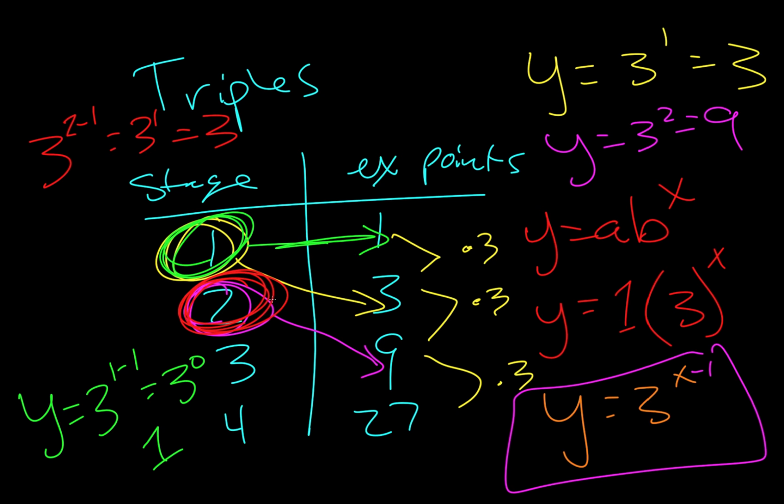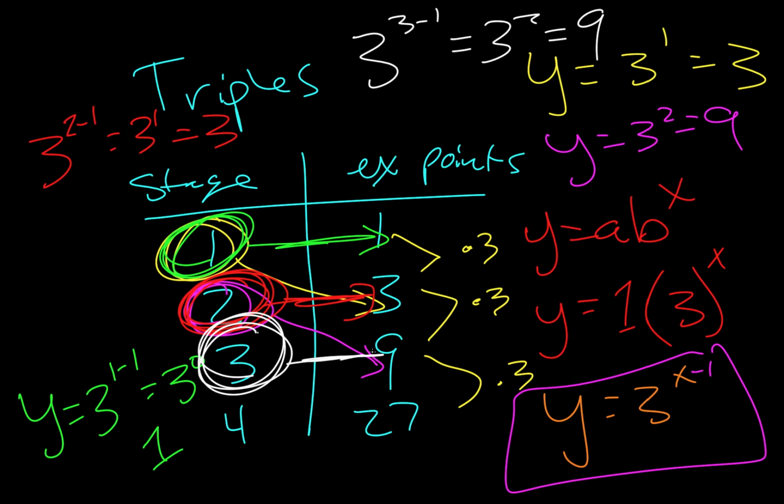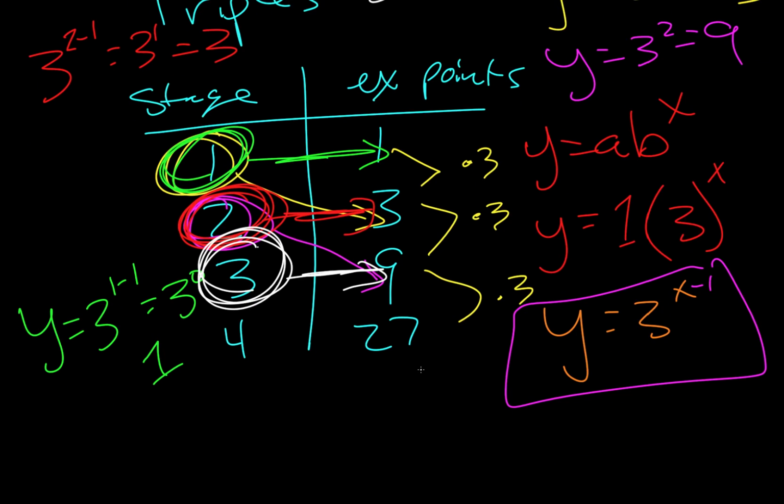So when you plug in a 2, you end up with a 3. And we'll try one more, just to feel good about it. 3 to the 3 minus 1 is 3 squared, which is 9. When we plugged in a 3, we got a 9. And I feel confident that the next one would work as well. So that's how you do those ones.